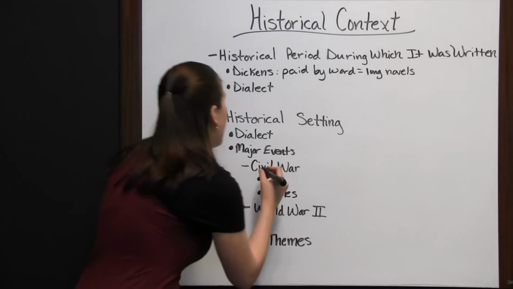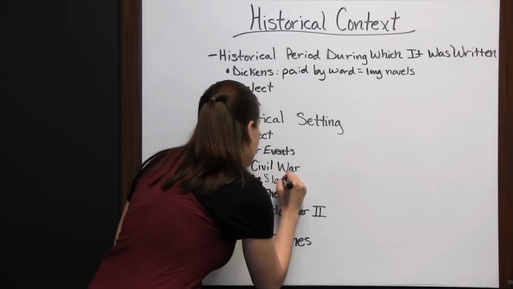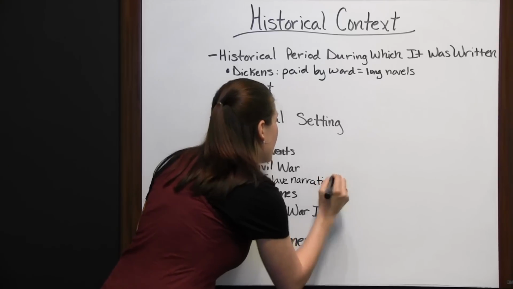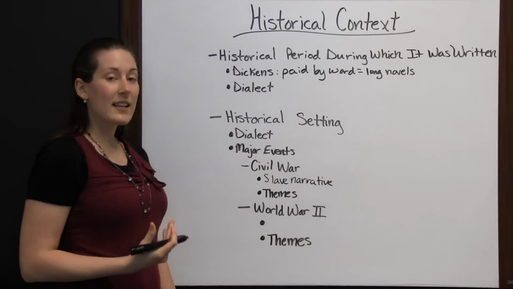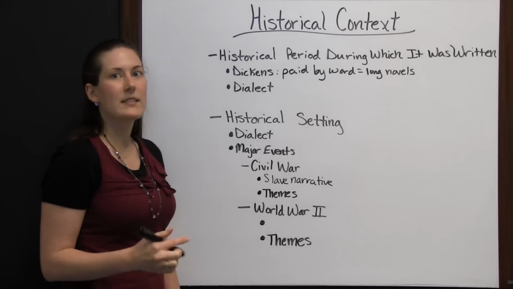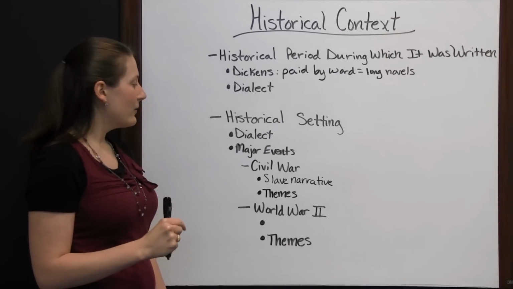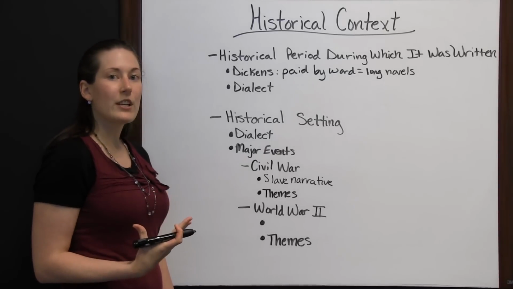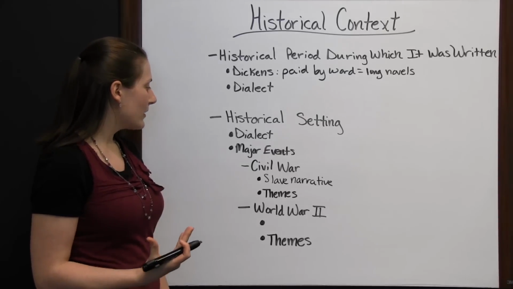And so what came about were slave narratives. And these painted a picture of what slave life was actually like during that time. It was an actual account from that time period. And it kind of also told the relationship between slaves and slaveholders.